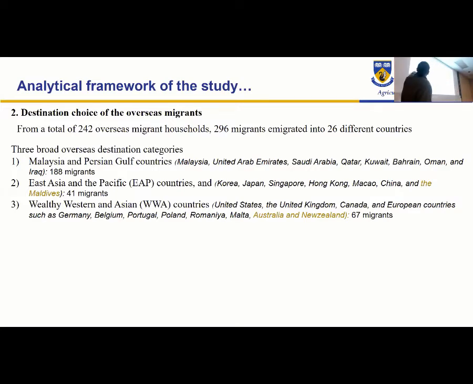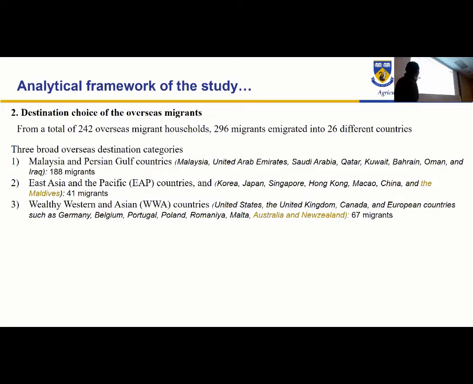And similarly, although the Maldives lies in South Asia, it is one of the upper middle income countries. So we clubbed it with East Asia and the Pacific countries. And similarly, Australia and New Zealand, though Asian countries, are high income countries, and their cultures are similar to other European or Western countries.